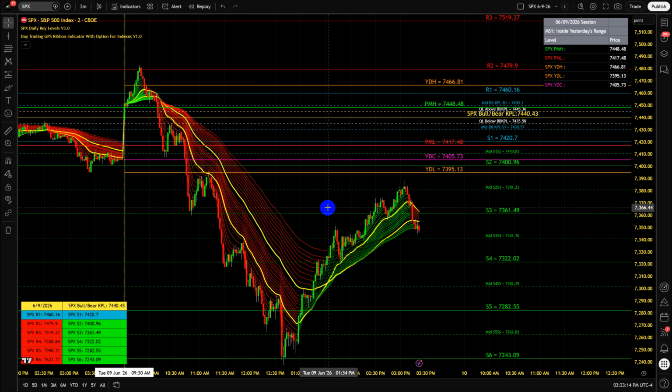So again, this system is comprised of the entry signal, a close above or a close below a daily main key level, either the bull bear key price level or one of the main R or S levels, or one of the 5 contextual levels. And a close above or a close below has to be confirmed by the ribbon indicator.